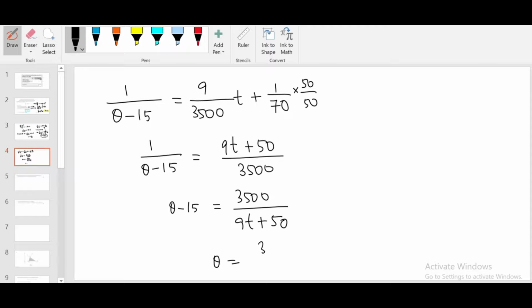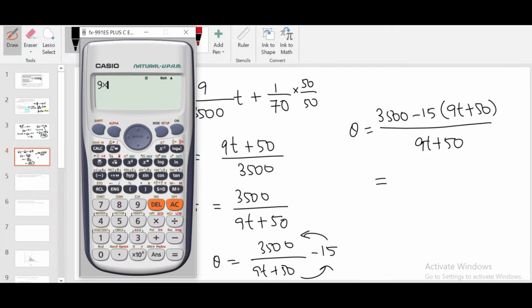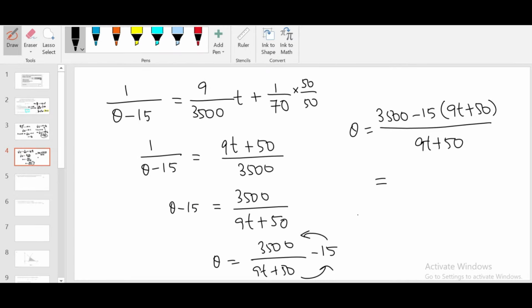So theta is going to be 3500 divided by 90t plus 50, plus 15. So you multiply this and add it here. You will get theta is 3500 plus 15 times (90t plus 50), divided by 90t plus 50. But before that, when I put 15 this side, it's going to be plus 15, not minus 15.